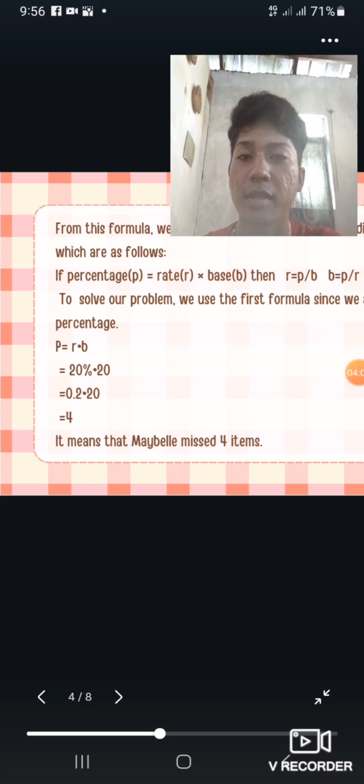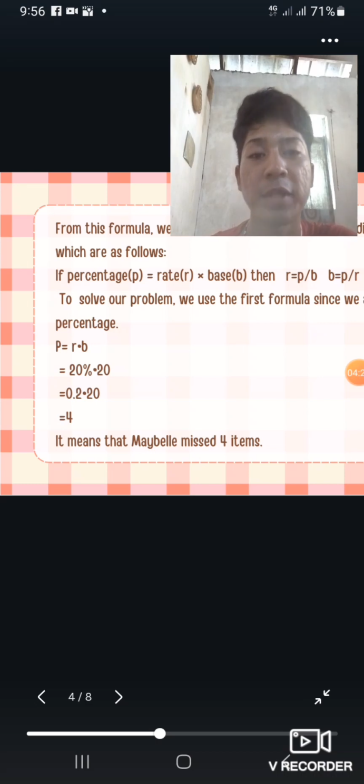So unsaon nato pag-convert sa percent into decimal? We just simply divide the value by the percent value. Ang percent value gani kay pila ito? 1 over 100. So we are going to divide 20 by 1 over 100.